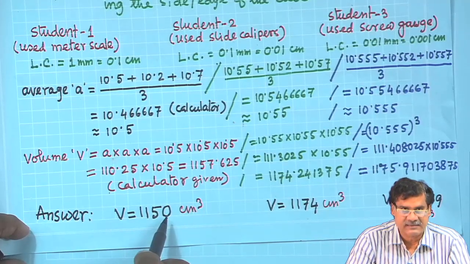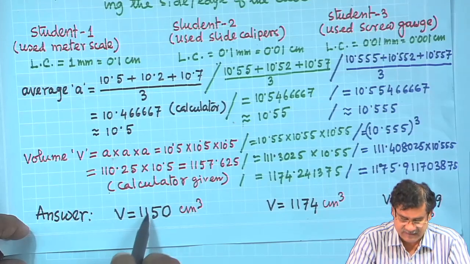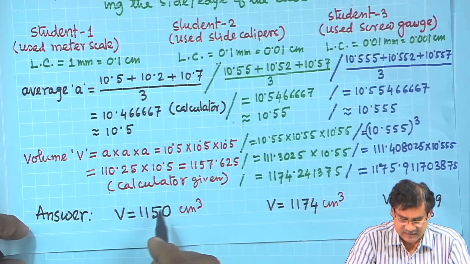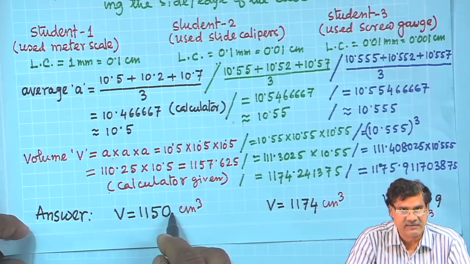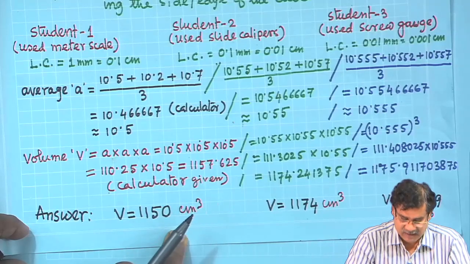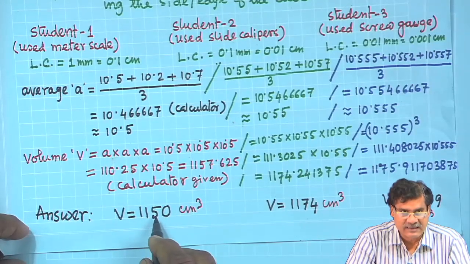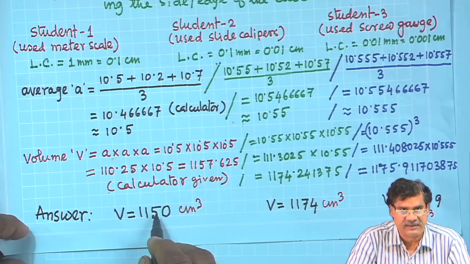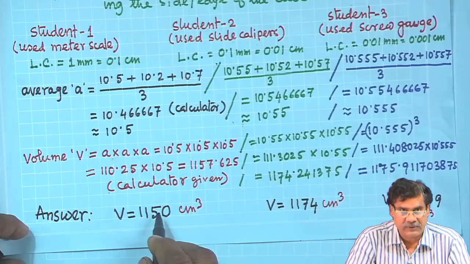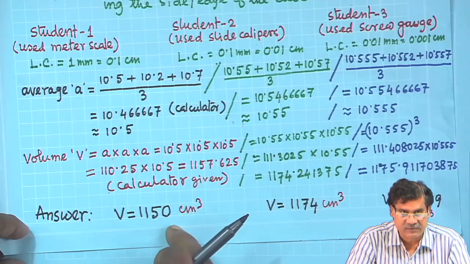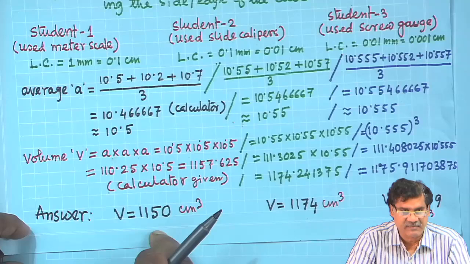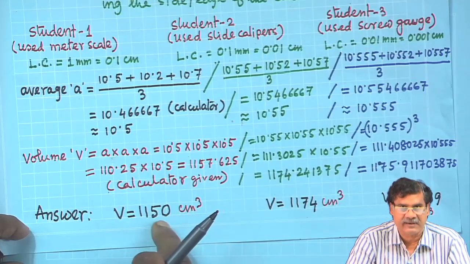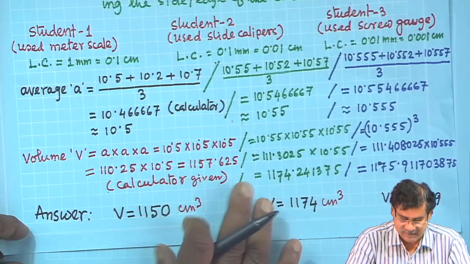For this number the last significant figure is 5, and 0 is not a significant digit. So the uncertainty will be in this last significant figure, which is the error from measurement using the meter scale. It can be 1150, 1160, 70, whatever.